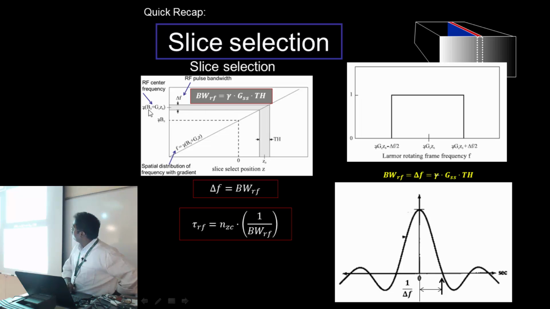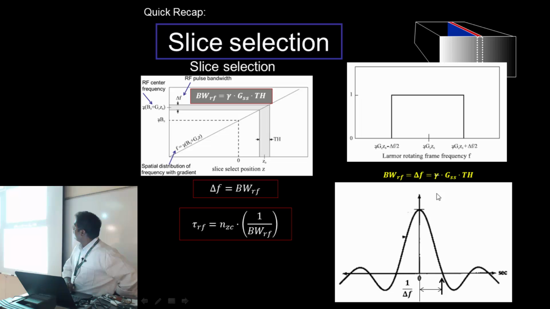You have a bandwidth related to your slice thickness, which is given by this equation, and then you apply your RF pulse. So how you define your RF pulse is your frequency spread, where you have the ideal frequency profile, or you can say excitation profile, of your slice.